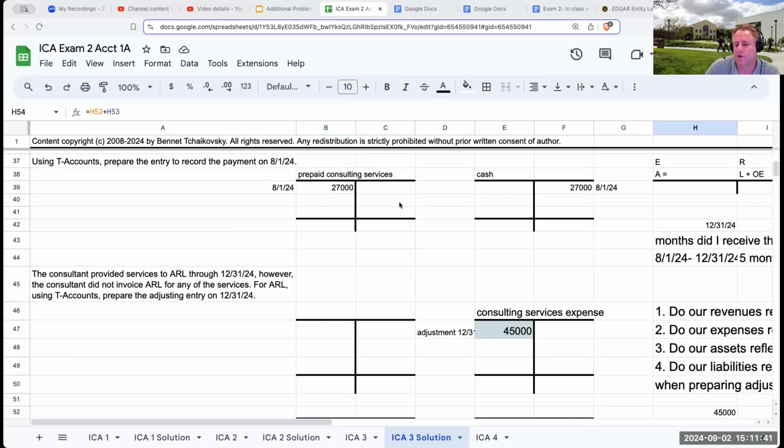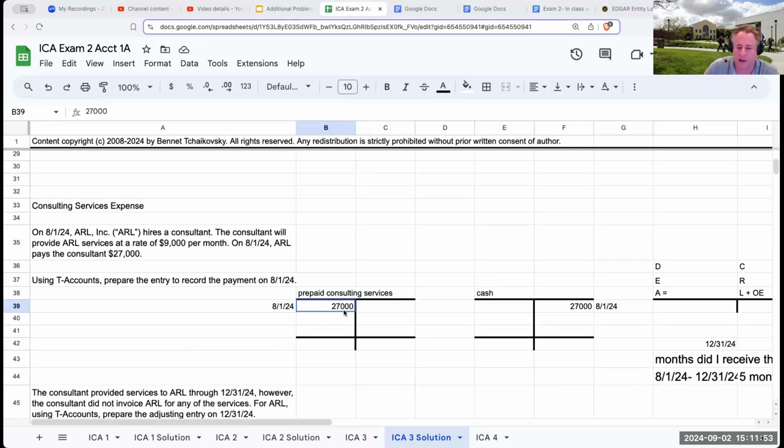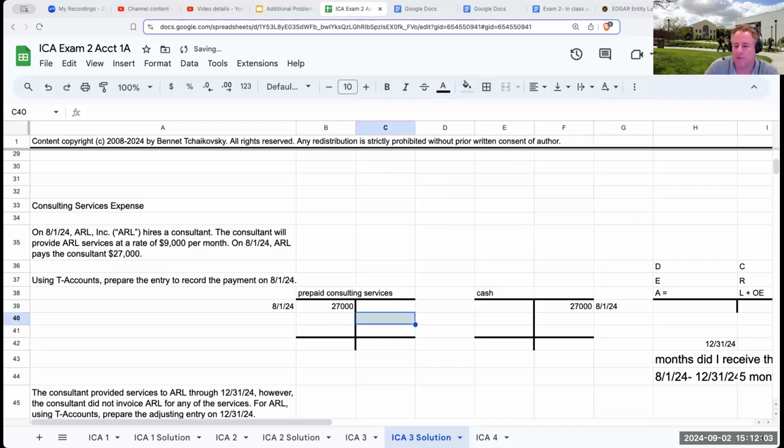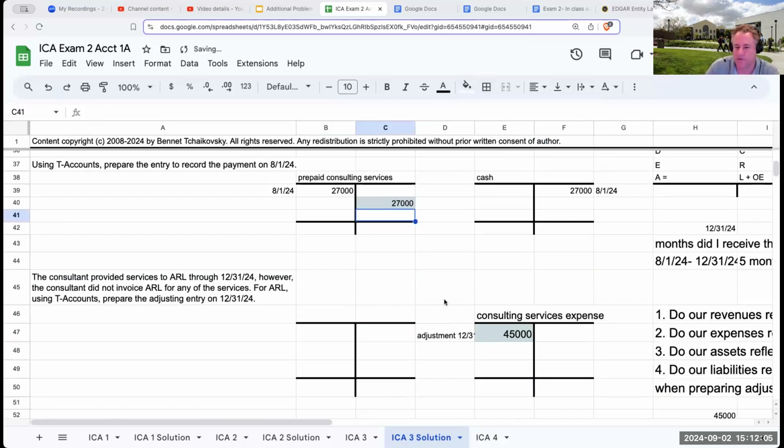So do I really have any value left in this prepaid consulting services? The answer is no, because I've used up all three of these months, as 27 divided by 9 is 3. So I need to credit the prepaid consulting services. This is part of my adjustment.